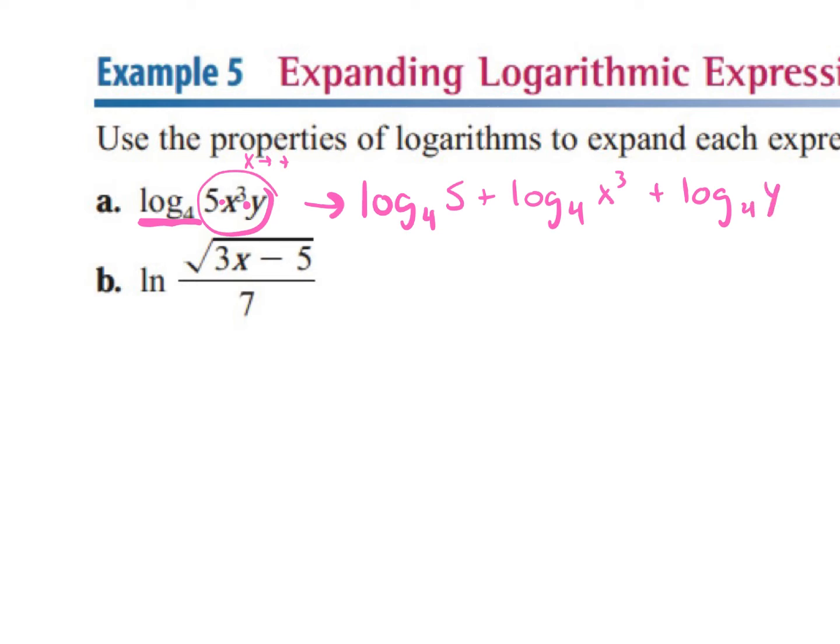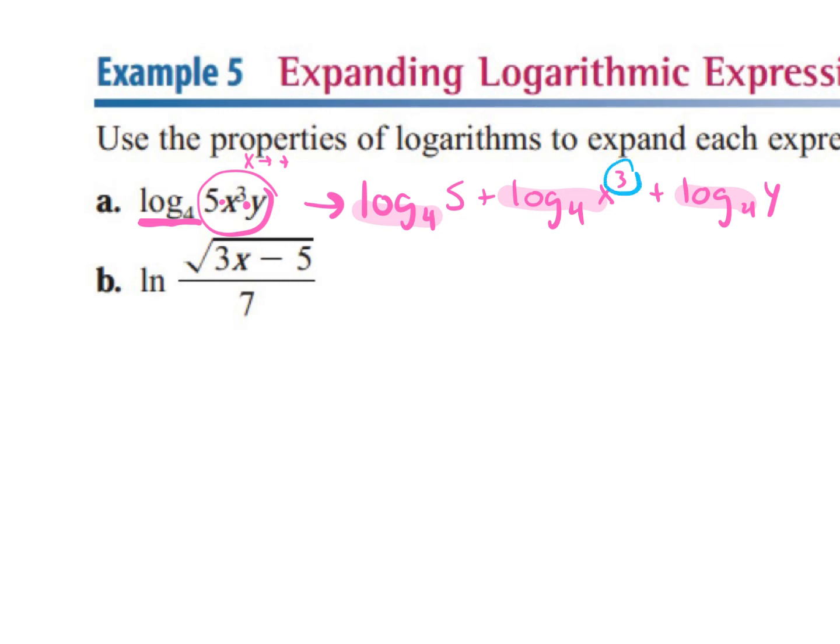Every single time we break it apart, each term gets its own log. Now I know I'm repeating myself over and over, but this is one of the most common mistakes that people make. They break it apart and just put plus without the log. You need the log every single time you break it apart. Now we're almost done.